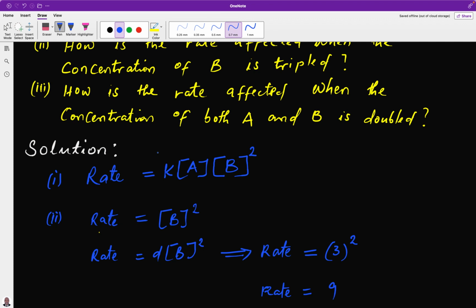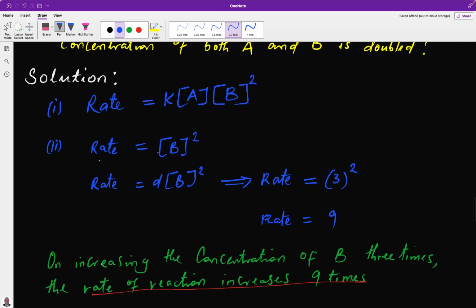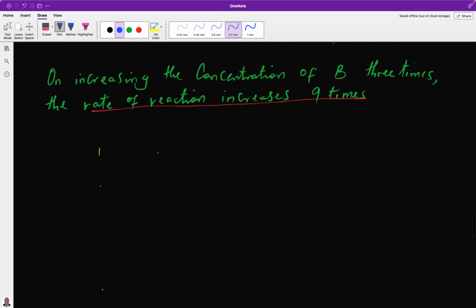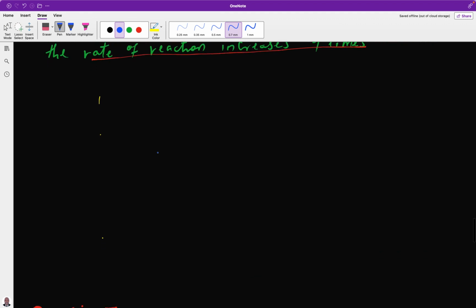Now, when the concentration of A and B are both doubled, what we are going to do here is this. Okay, so now it's 3 here.